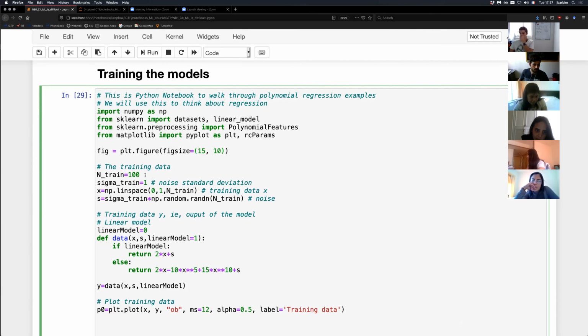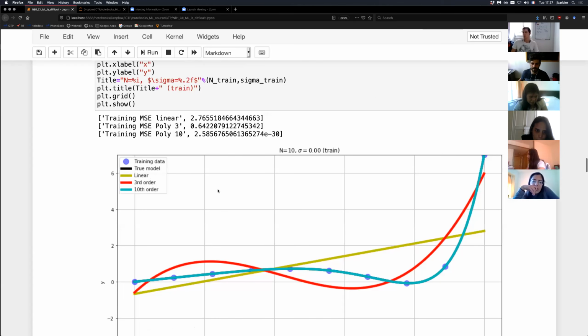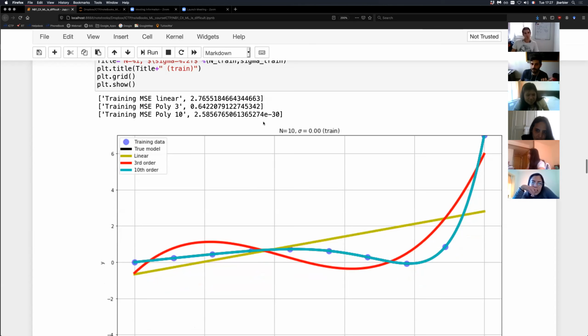All right, so let me start with a noiseless setting, and let's say few points again, 10 training points. What do you expect? We have enough data in this noiseless case to perfectly find the true model, which is in black, which is below our fit according to the 10th order polynomial, because our fit found exactly the true one.